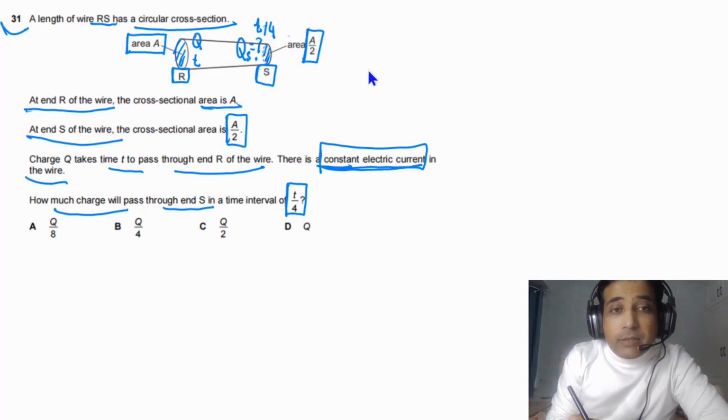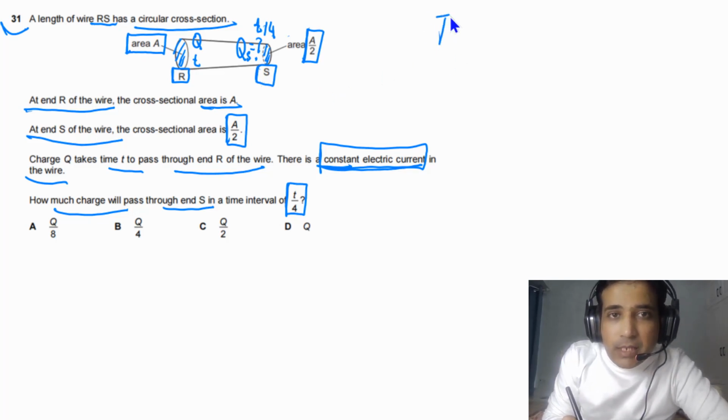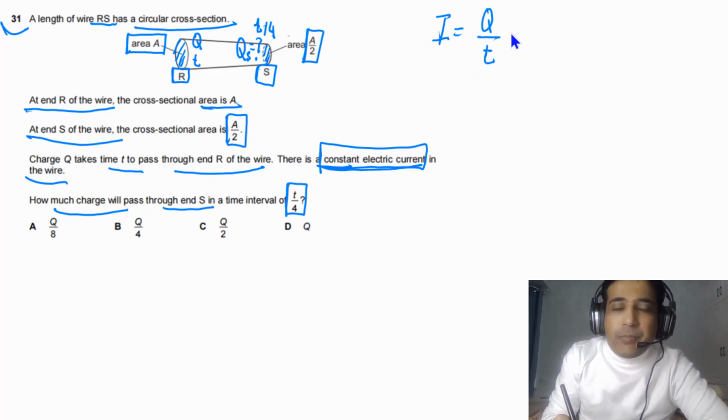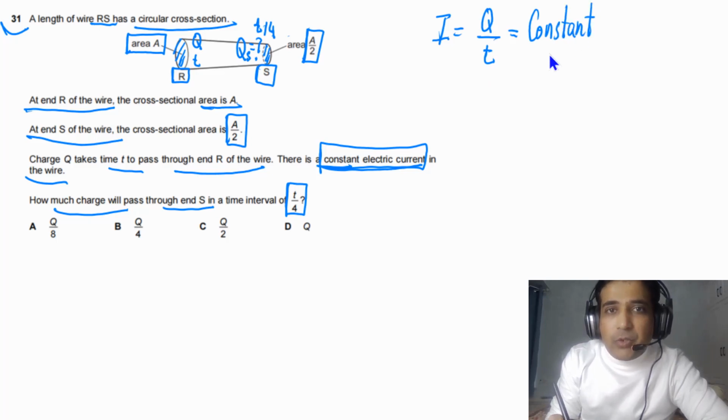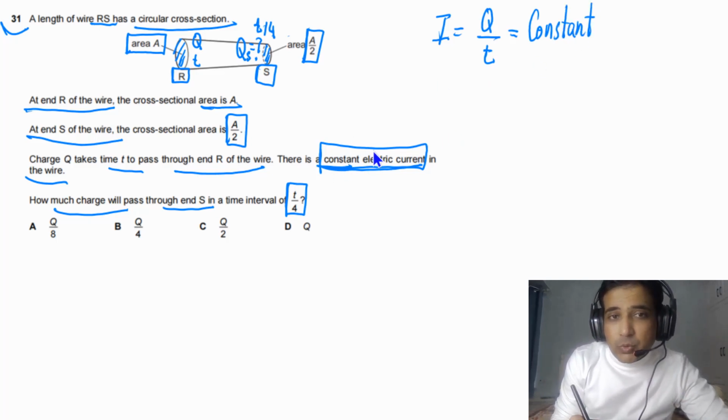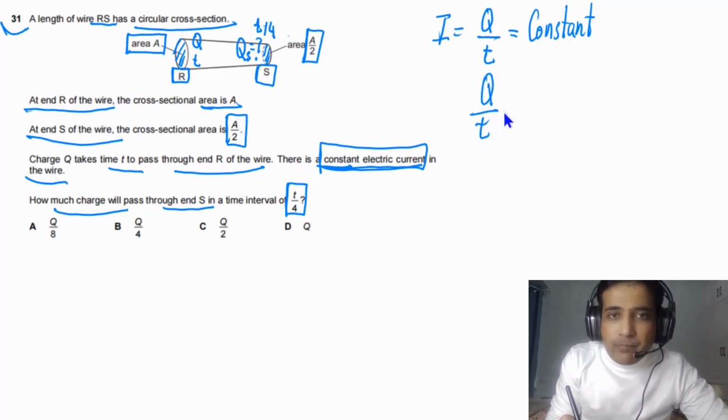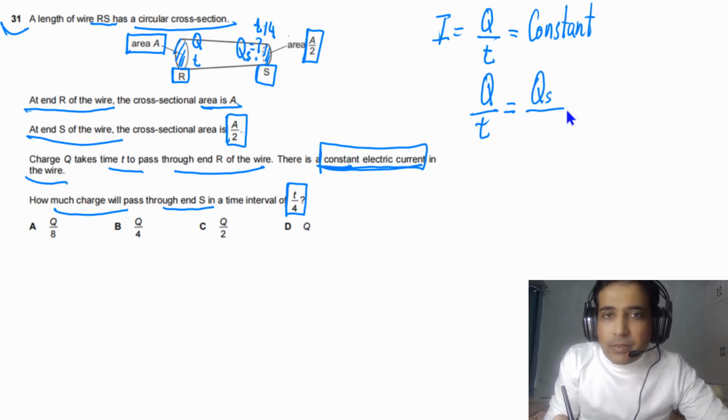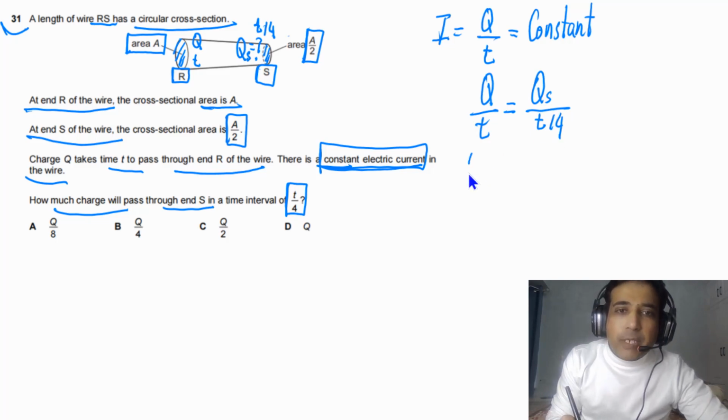So electric current is the same. So we can say I is equal to Q over T, and this ratio between Q and T is constant, because it is given to you that current is constant. So simply we can say in this case Q over T has to be equal to Qs divided by T by 4, and we need to calculate Qs.